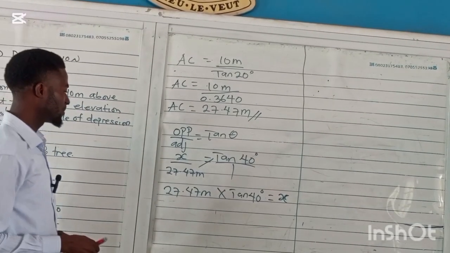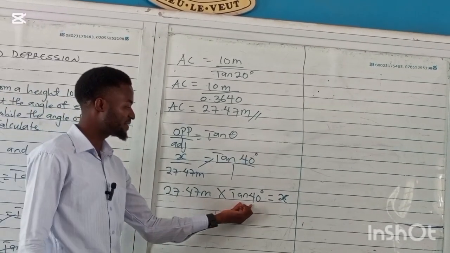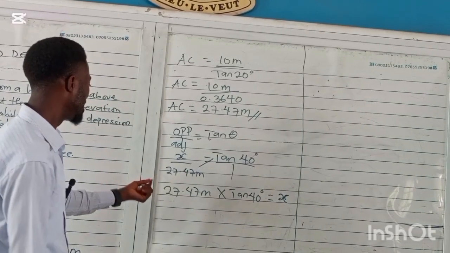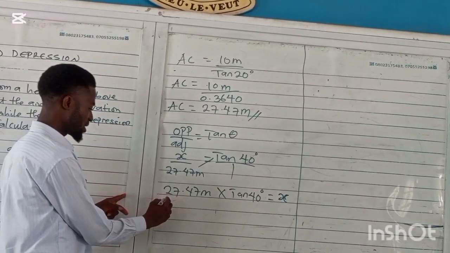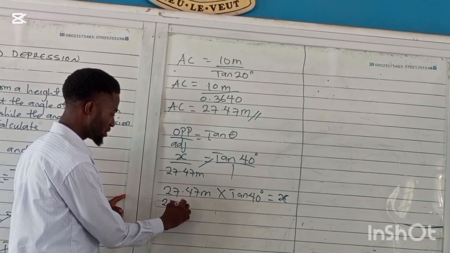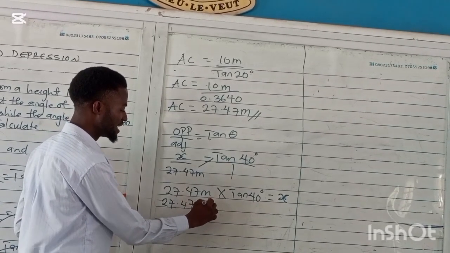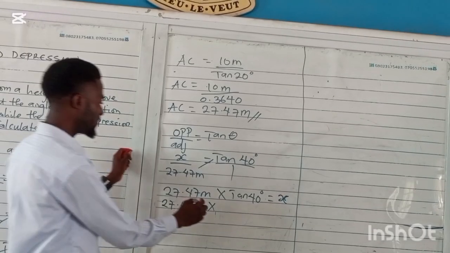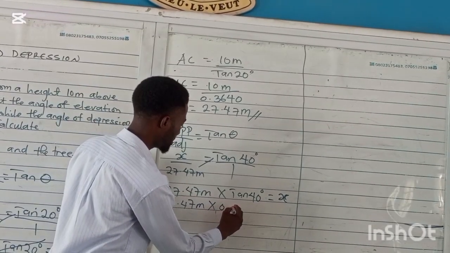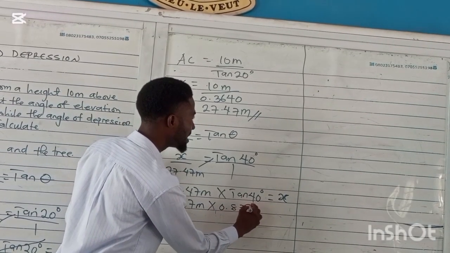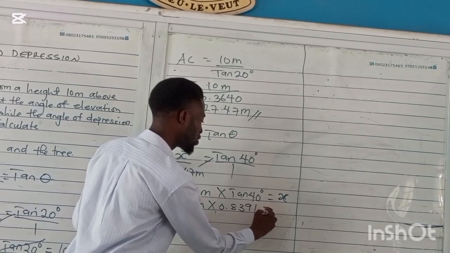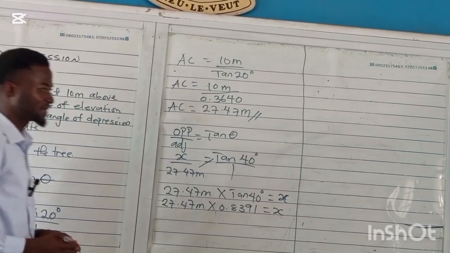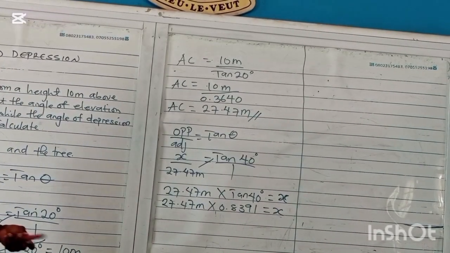First of all, you find what is tan 40. So we are having 27.47 meter times tan 40, which is 0.8391, equal to x.